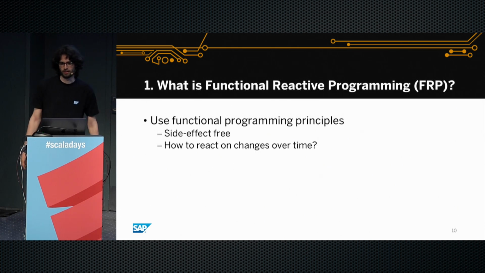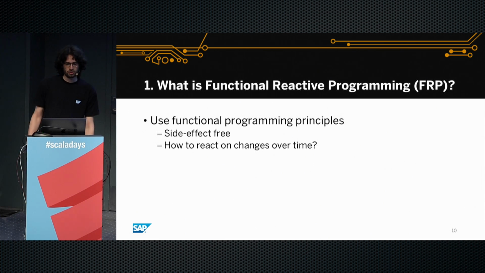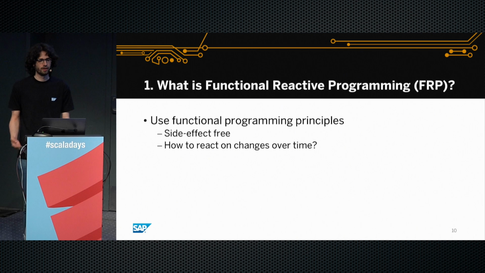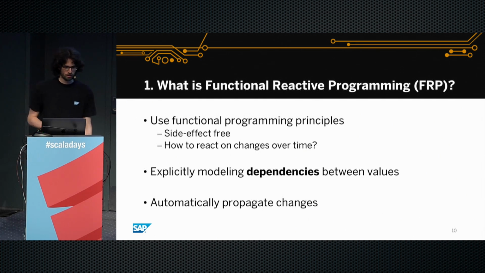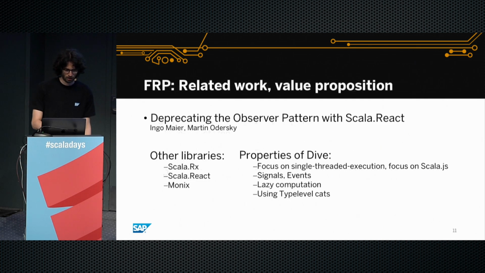We can't avoid that side effects happen there, so we can't make the whole application a function. Functional reactive programming tries to abstract also over the time, or tries to capture the time in its variables, so that we can have functions that also change over time. And how does it do this? It does this by explicitly modeling dependencies between values and then automatically propagating the changes. So let's look at an example of how this works.